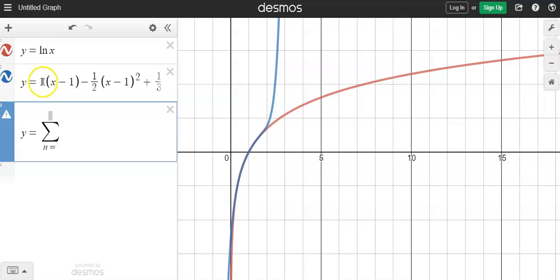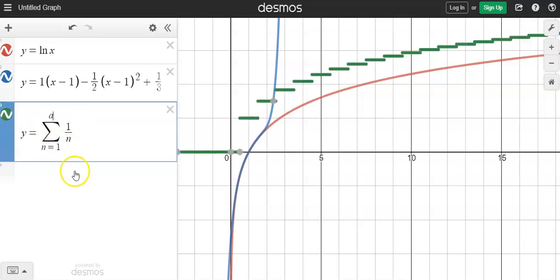This coefficient here is 1/1. So if n is 1, and then if n is 2, 1/2. If n is 3, 1/3, etc. So if I start counting at n equals 1, the coefficient of each term is just 1/n: 1/1, 1/2, 1/3, 1/4, 1/5, etc. And we're going to keep going until, well, theoretically, till we get to infinity.